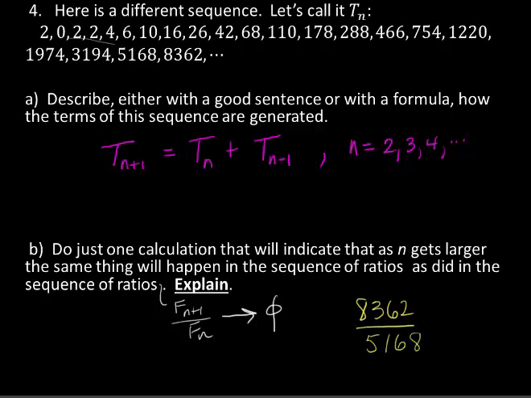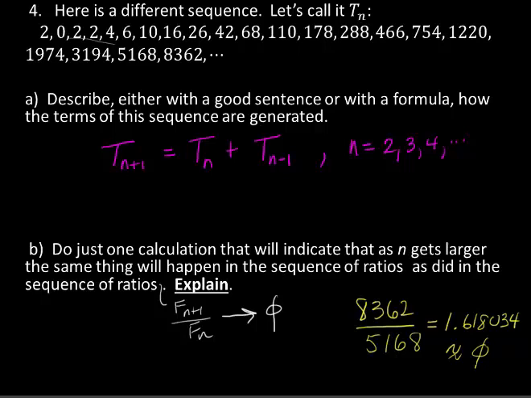So I wrote the fraction 8362 over 5168, and I'm going to plug that into my calculator, and what do you know? I get 1.61803, and that is approximately, squiggly lines instead of an equal sign, phi.